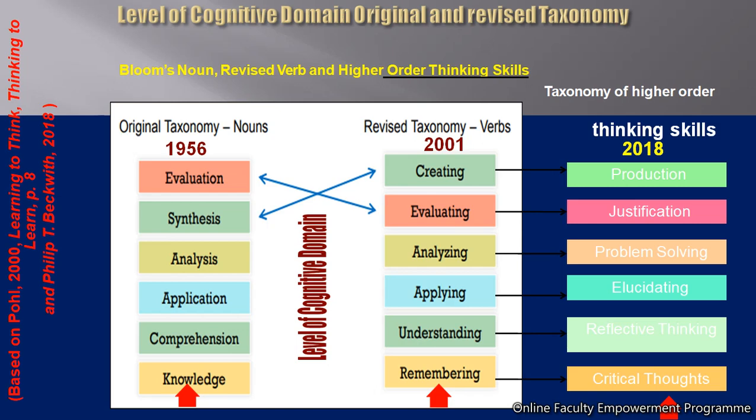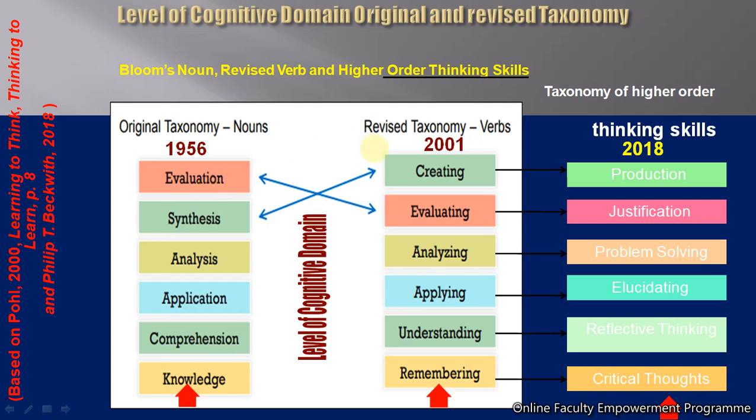In the original taxonomy, which was proposed in 1956, the levels are shown on the left-hand side of the slide: knowledge, comprehension, application, analysis, synthesis, evaluation.